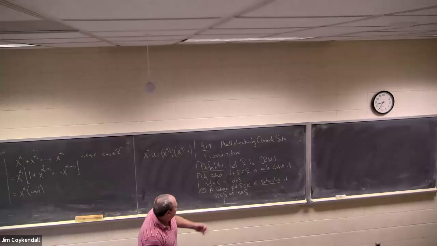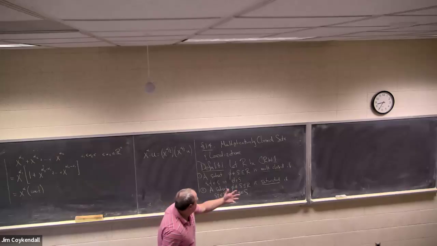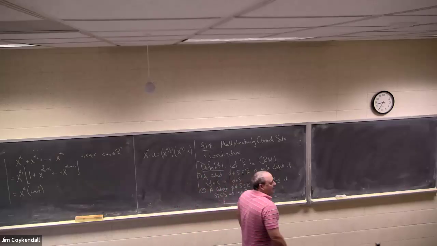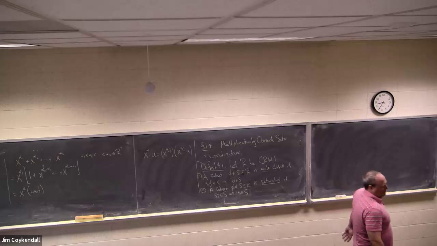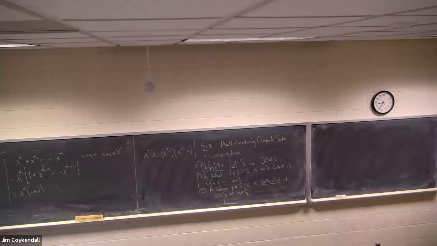If you have a product of two things in the ring that knocks you into the set, then every factor of that has to be in there. So in particular, every saturated set must contain one for sure. And in fact, more generally, it needs to contain all the units.